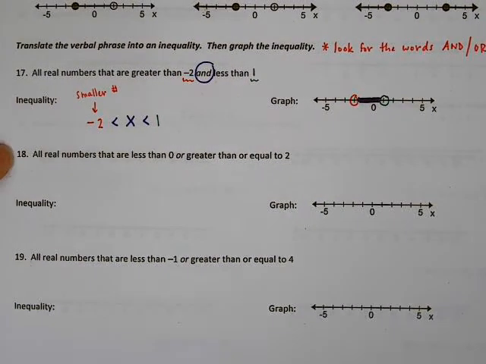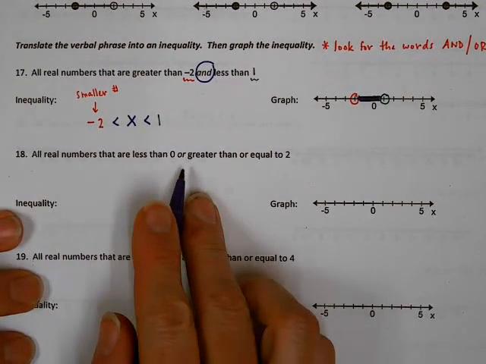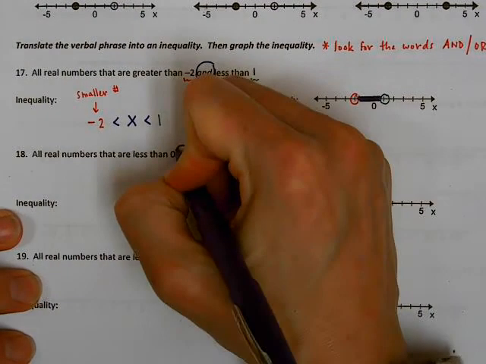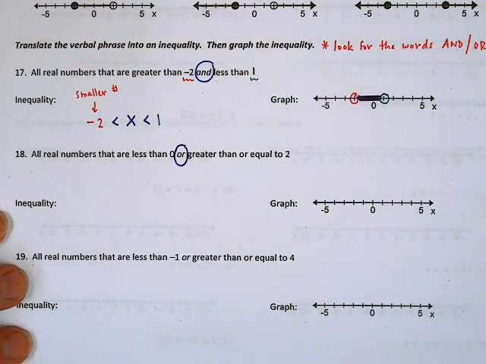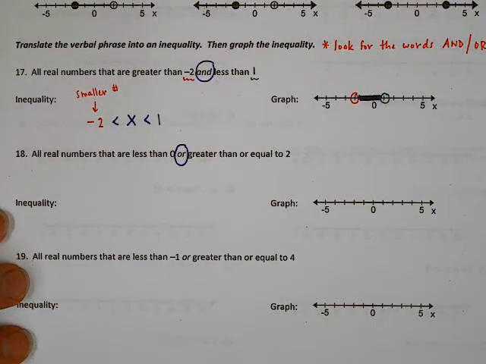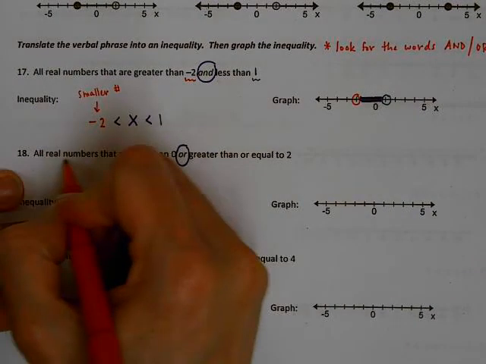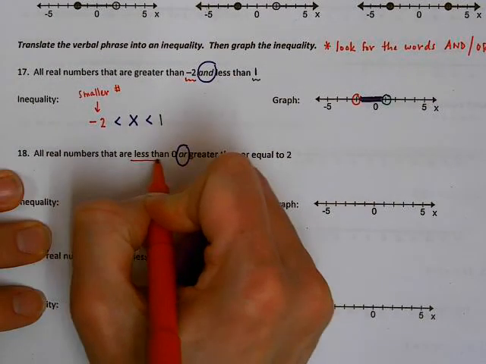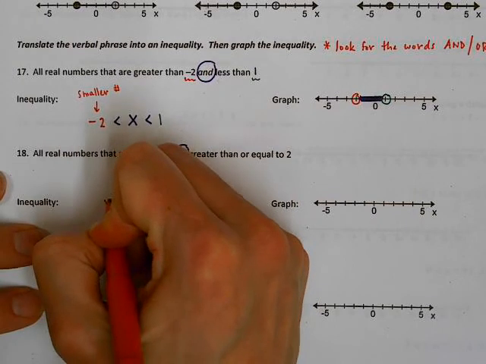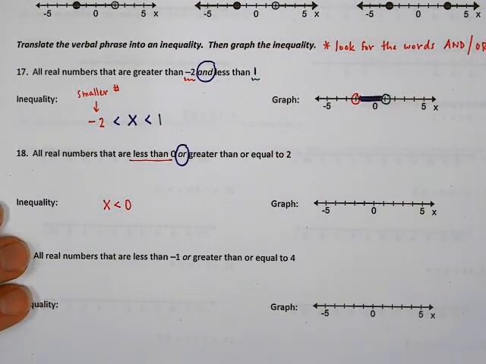For 18, I have all real numbers that are less than 0 or greater than or equal to 2. So I have just two separate inequalities. So first thing I'm going to do is look on the left. So it said all real numbers that are less than 0. So that translates to x is less than 0.